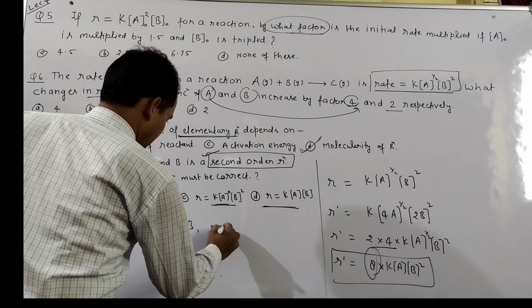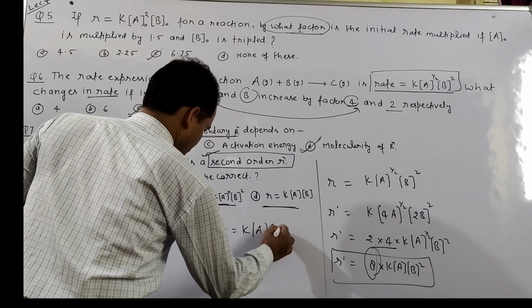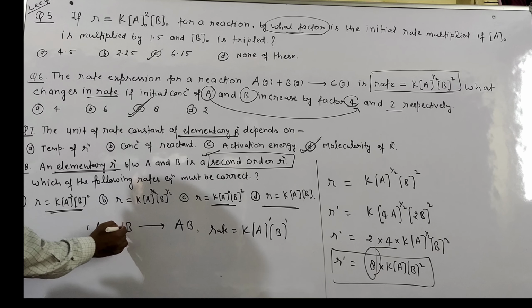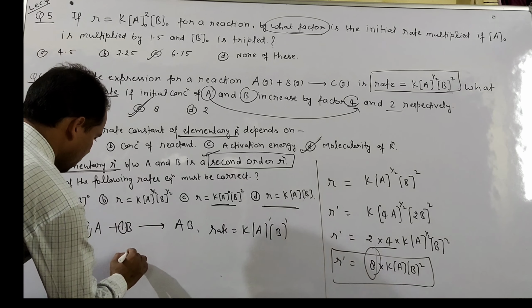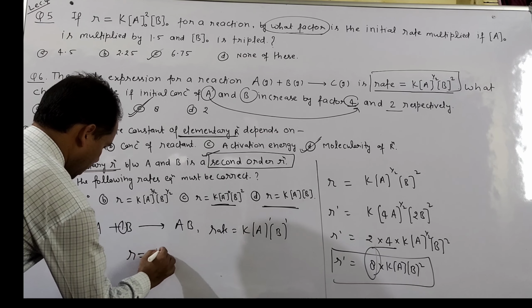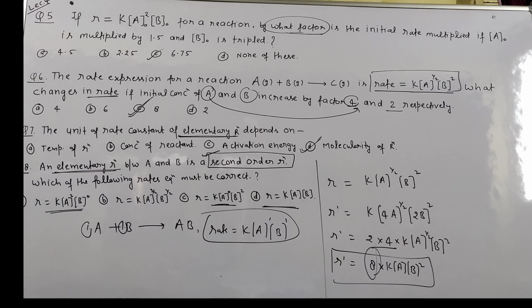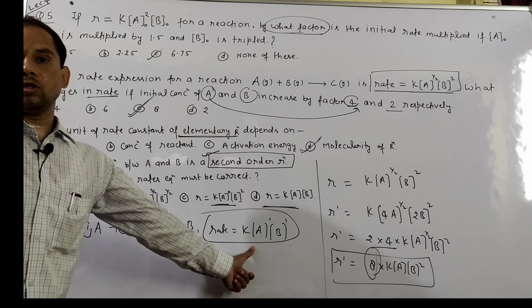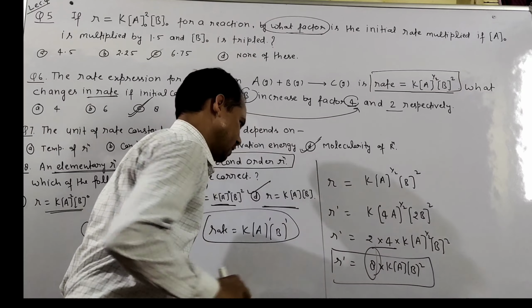If we write rate equal to k, concentration of A, concentration of B to the power 1, then the molecularity is 1 for each. So the real rate law expression is rate R equal to k[A][B]. It means the rate depends on the concentration of A as well as on the concentration of B. Therefore the correct option is D.